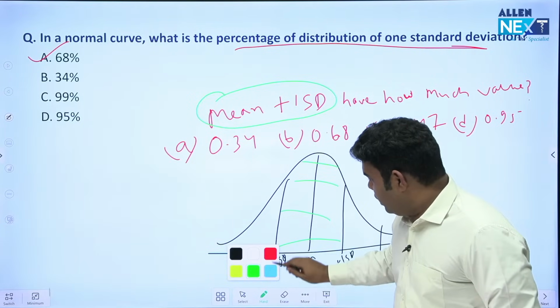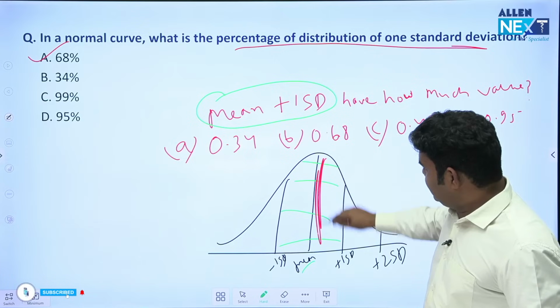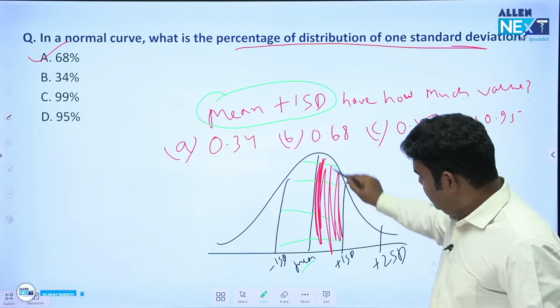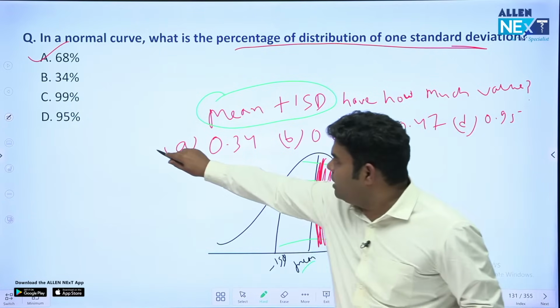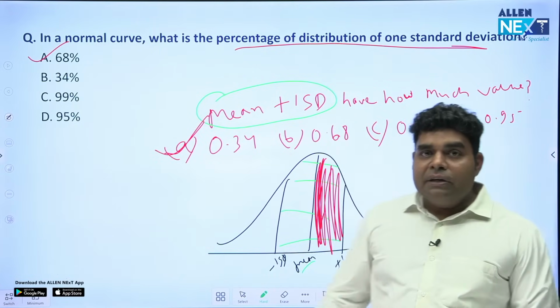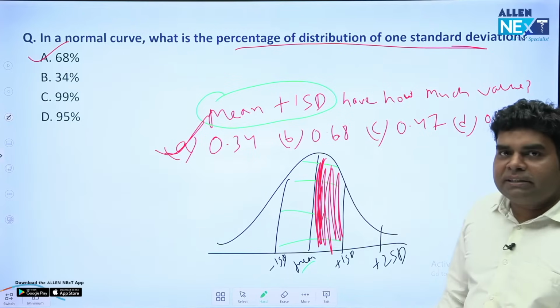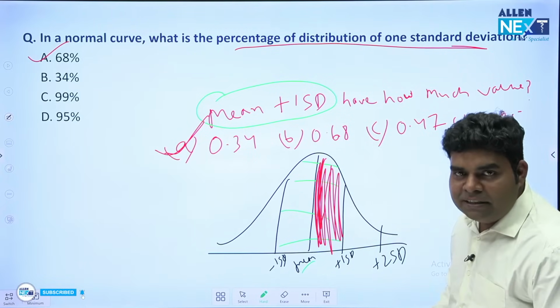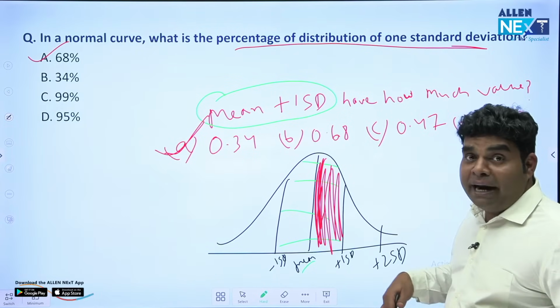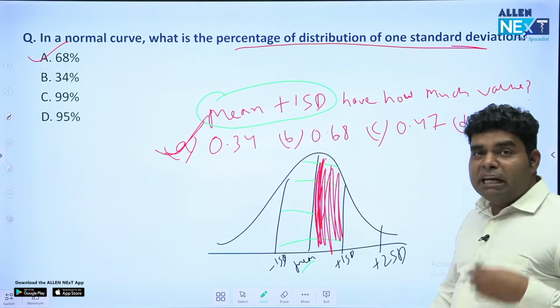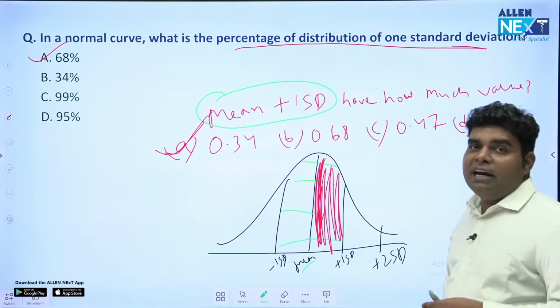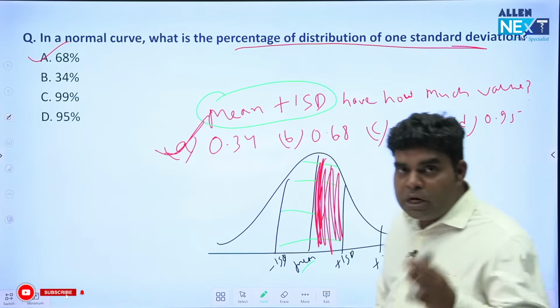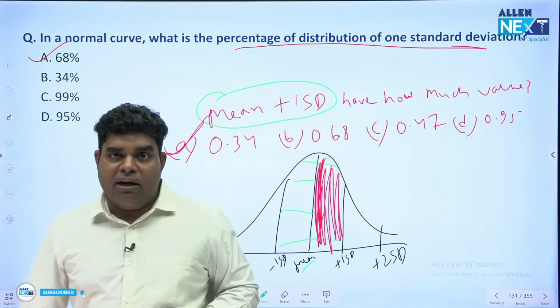So I am only talking about this area, half of 68. And half of 68 will be 34%. So mean plus 1 will have 34%. But mean plus minus 1 will have 68%. And if they ask mean plus minus 2, 95, mean plus minus 3 standard deviation, 99%. Do remember the 3 rules of standard normal curve.